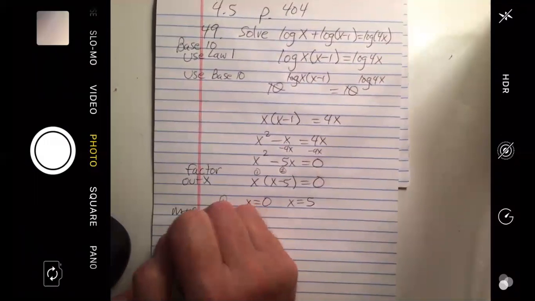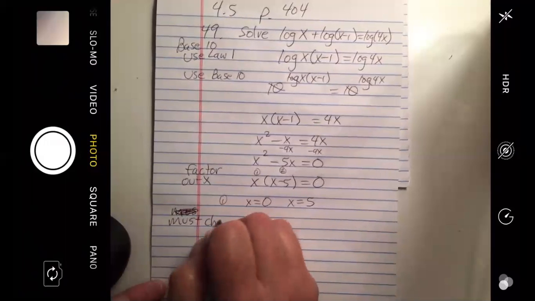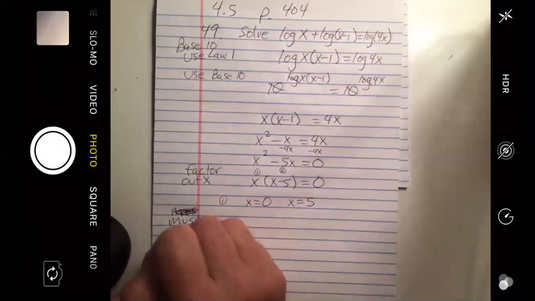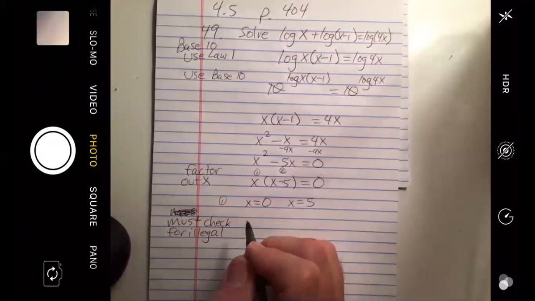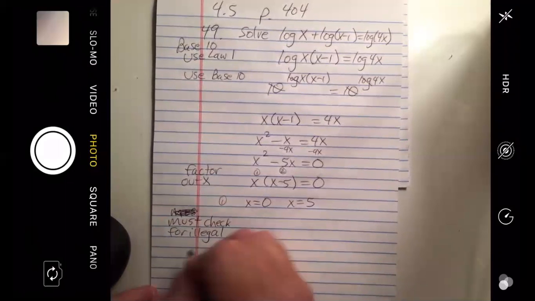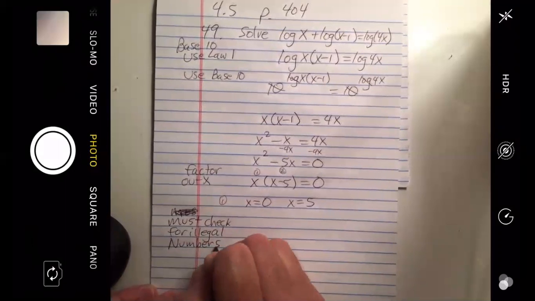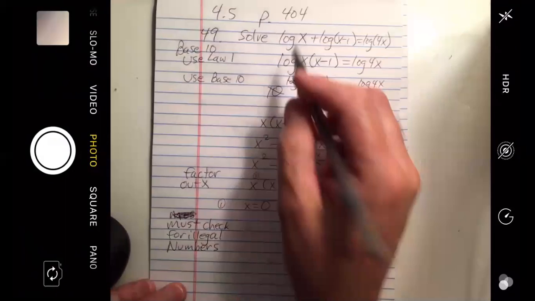Well, you must check for illegal numbers. I'm mentioning fraction equations like I'm teaching college algebra here, but you guys aren't college algebra. Any number that you get has to be checked, or be able to be plugged back in up here.